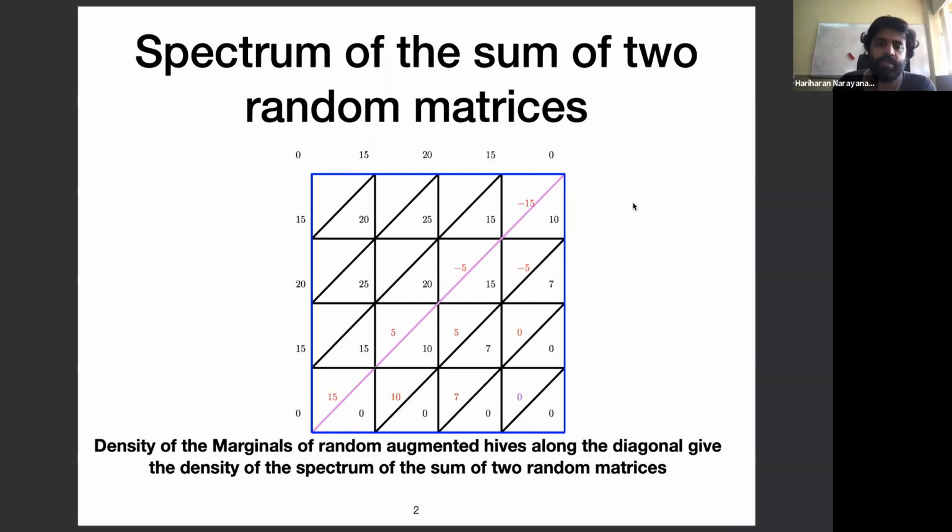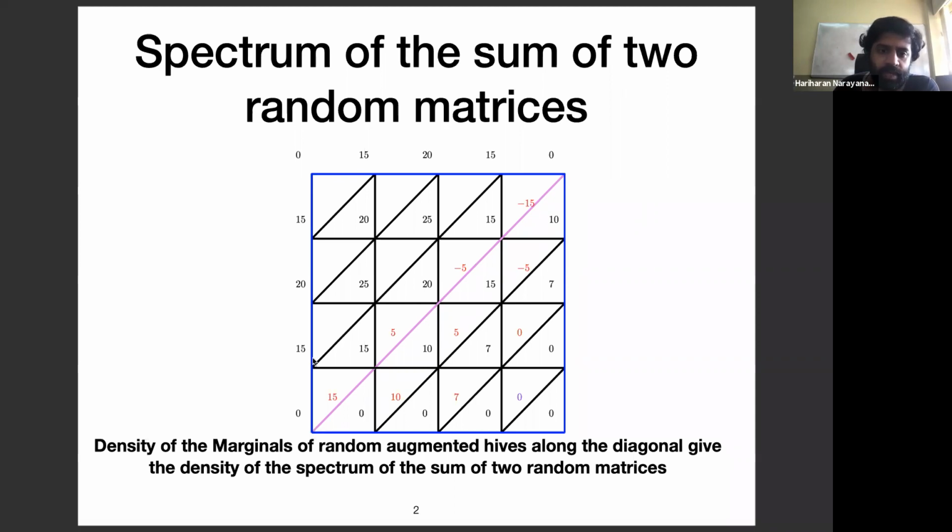So this picture that you see over here gives a polyhedral way of looking at the distribution of the spectrum of the sum of X and Y. Now I'll tell you exactly how that comes about. I'm going to suppose for this slide that X has spectrum 15, 5, -5, -15, and as you see, if you start from 0, these are the increments while going up.